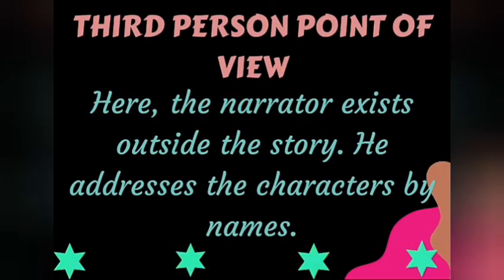There is the third person point of view. This is the most used point of view in fiction writing. The narrator here is outside the story. He is not a part of the story.